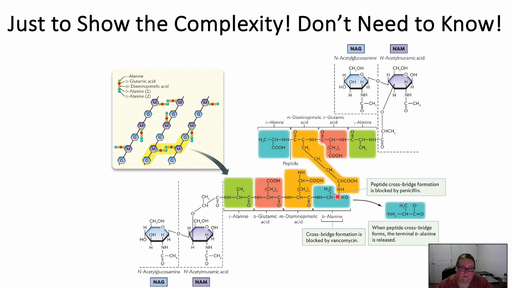We have other antibiotics like vancomycin that is going to affect this D-alanine right here, and it's going to make it so that this comes off and the cross bridge has nowhere to bind to connect them. Anytime you don't have this cross bridge linkage, we have a hole. We have an unsteady part of the cell wall. Remember, antibiotics punch holes in the membrane and in the cell wall.